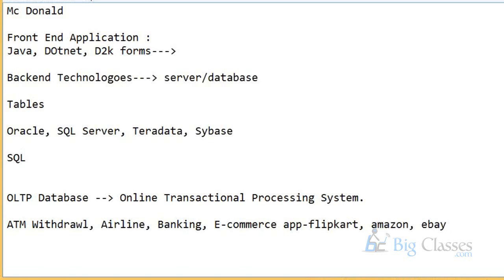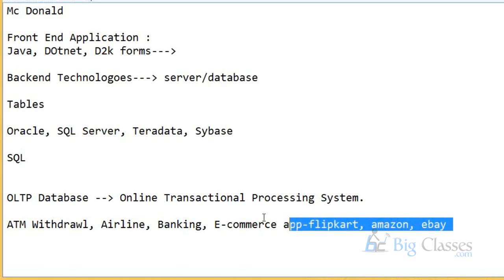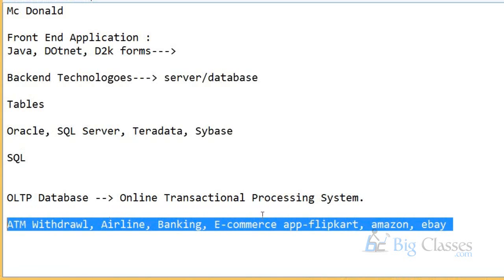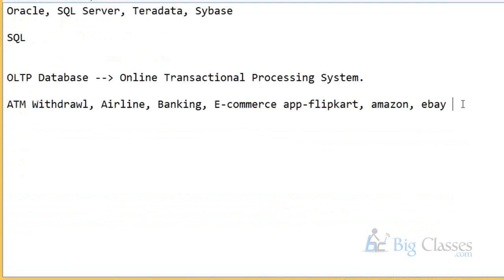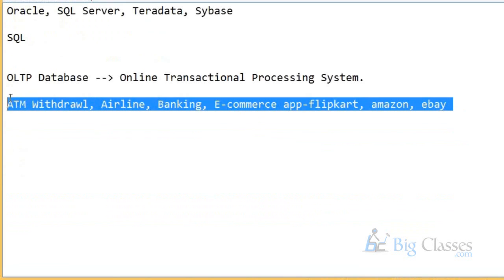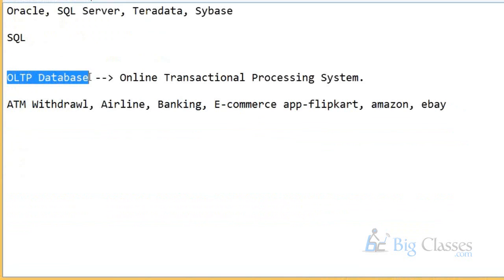Whenever you book a product through an OLTP application, the data is added to the OLTP system, which is called a transaction. It could be a financial transaction or an online transaction, and all these transactions will be stored in the OLTP database.